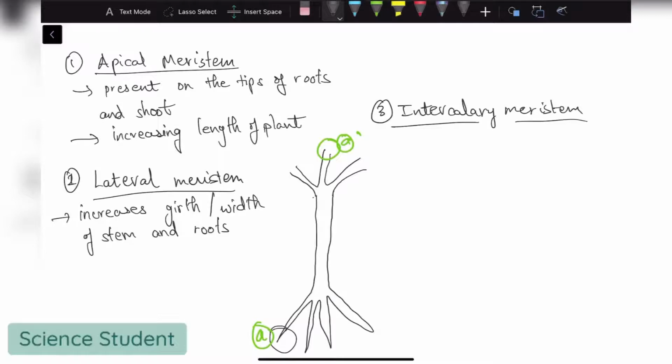Now lateral meristem, as they increase girth and width, these lateral meristems are present around the edges of the tree. Like if this is the bark, then lateral meristem would be present on the edges. Okay, so this is the thing. So lateral meristem.